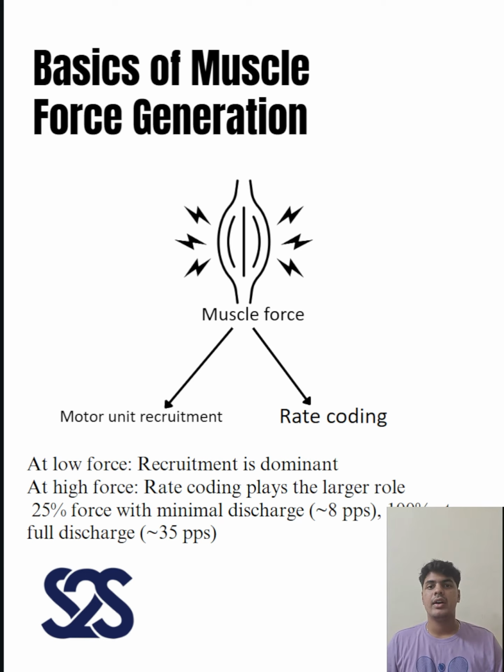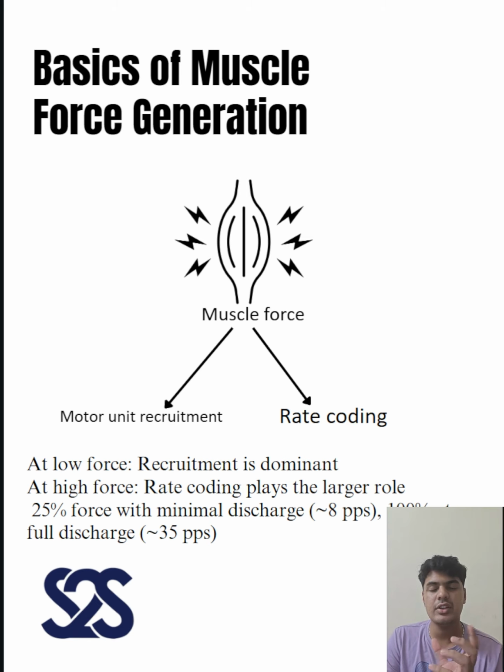So here, even if 100 percent of the motor unit recruitment is happening, let's take 100%, with the minimal PPS, that is rate coding, PPS is 8 pulses per second. With approximately 8 pulses per second, you only get 25% of the maximal output.